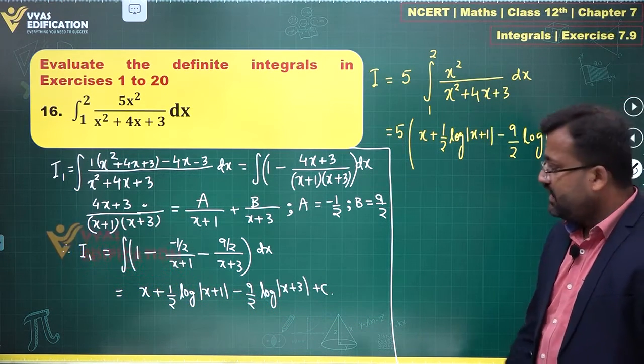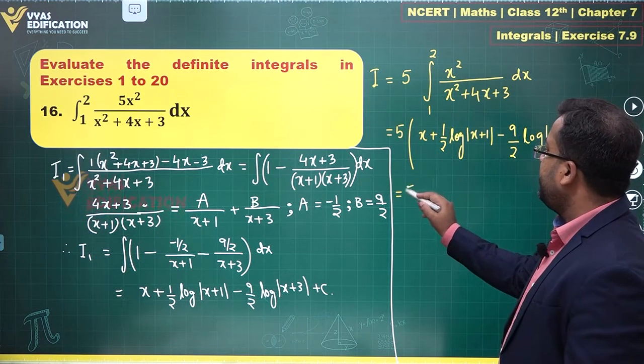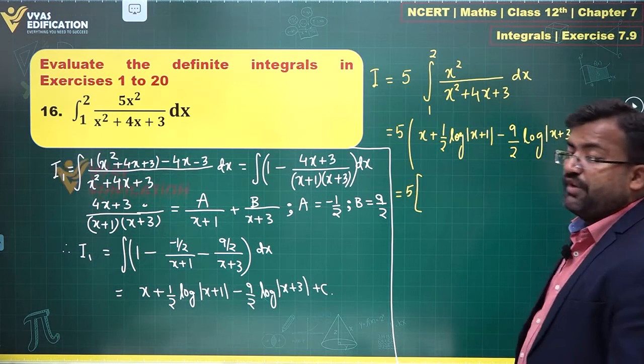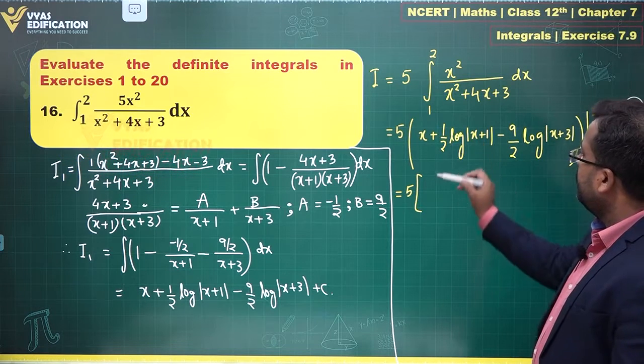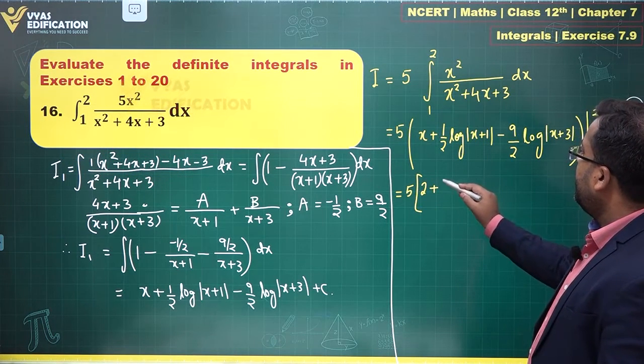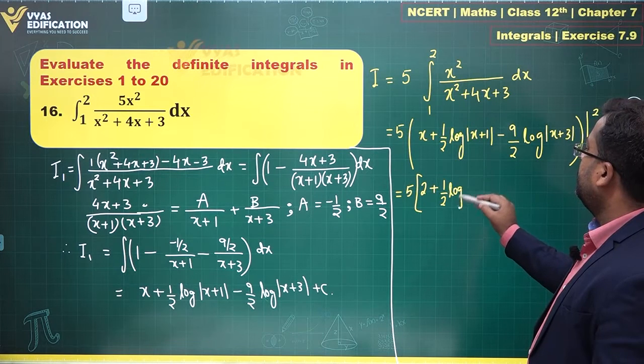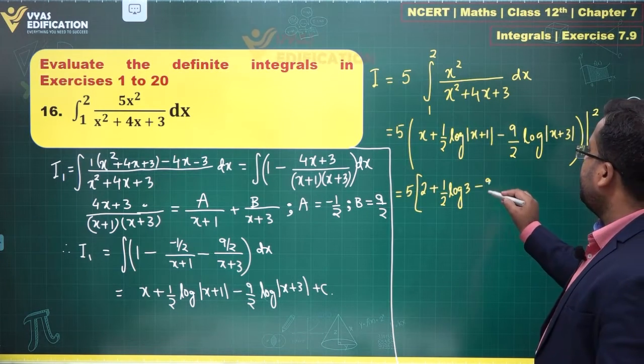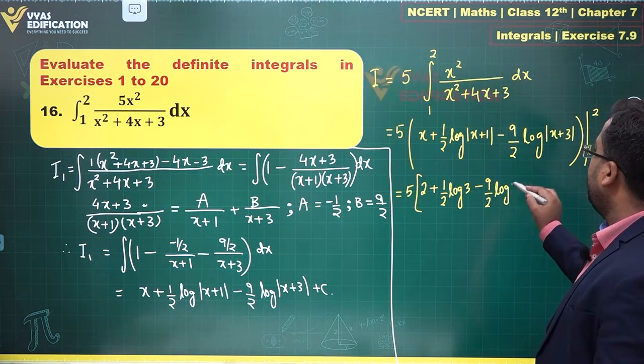No need of constant of integration over here. 5 remains as it is. In the bracket, substituting 2, this will become 2 plus half log 3 minus 9 by 2 log 5.